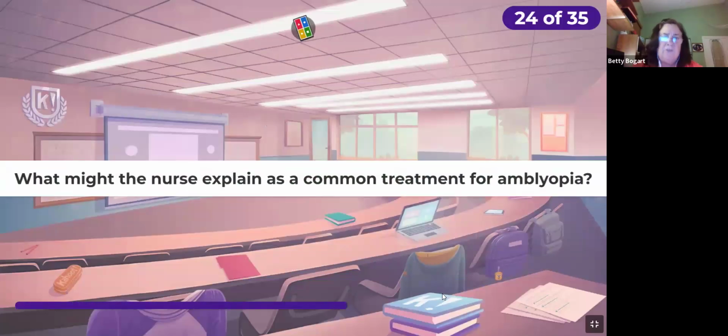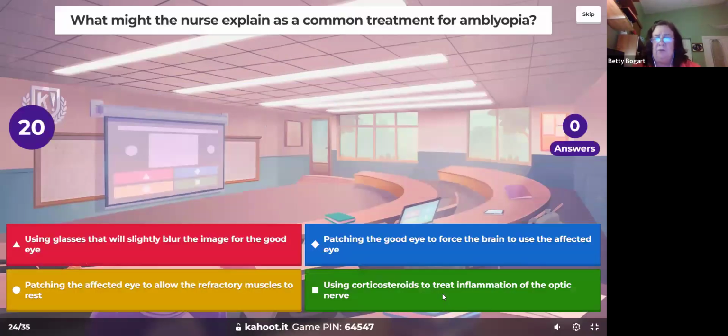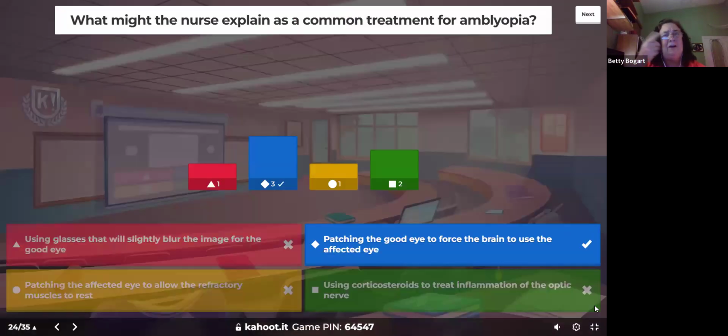What might the nurse explain as a common treatment for amblyopia? What is amblyopia? Amblyopia is the lazy eye, right? The eye doesn't sit correctly. How do you make that muscle and that eye work better?